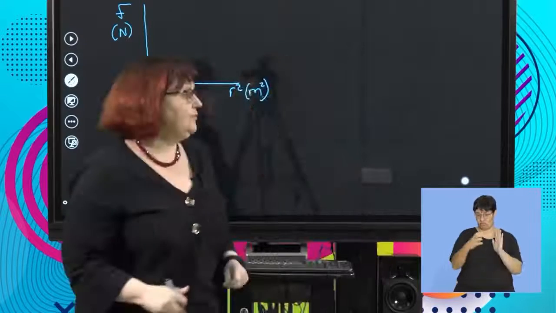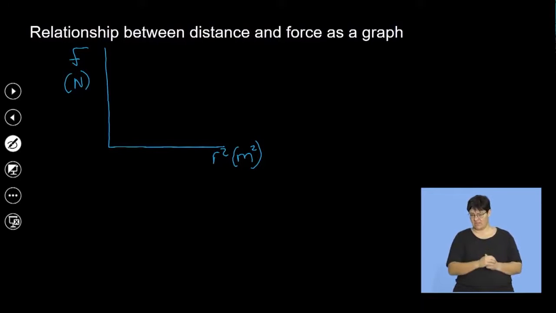We get an exponential graph because we have the square. And we know that the further apart they get, the smaller the force. So my graph does this. At this point, you now all go, oh, it means they're inversely proportional. No, it doesn't. We have to prove the inverse proportionality.